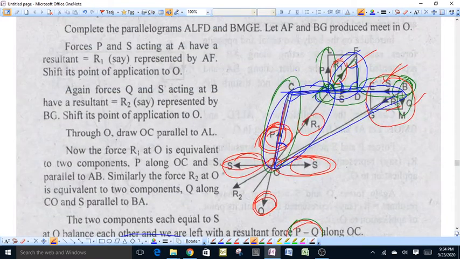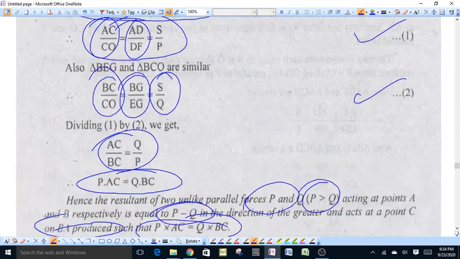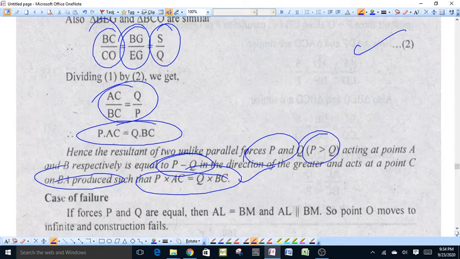This is the required point C, which lies on BA produced.